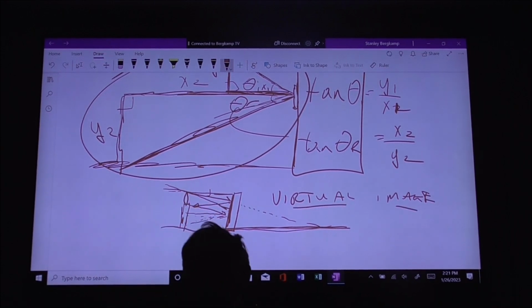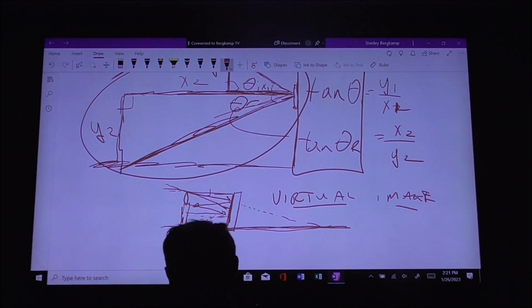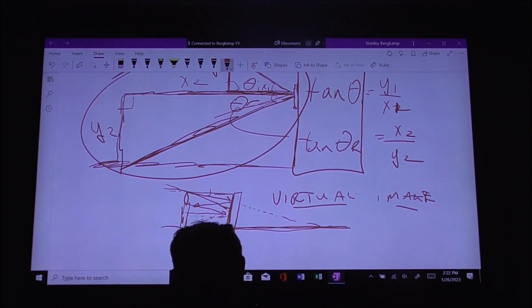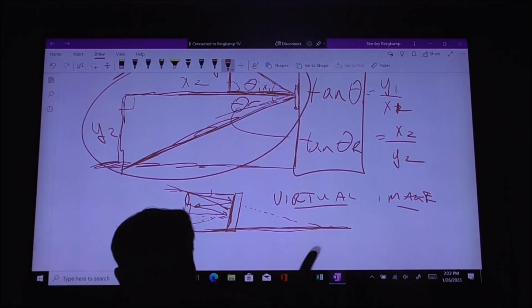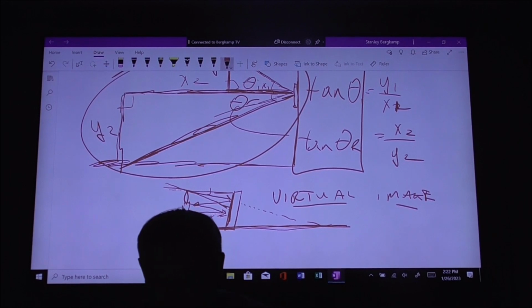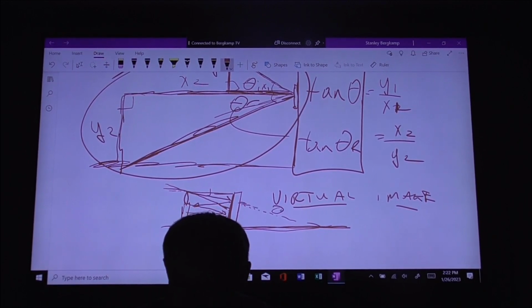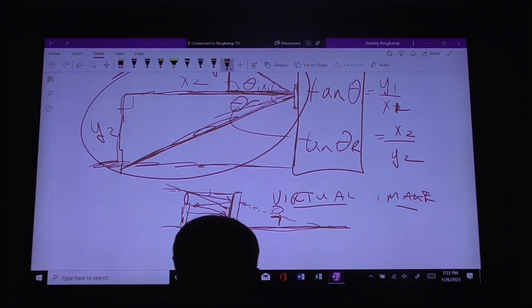Okay, now, we'll get more into this tomorrow and the difference between what we call a real image and a virtual image. A large part of optics is the understanding of the terminology. When you look at a mirror, if it's a candle or whatever it is, that candle basically appears like it's on the other side.